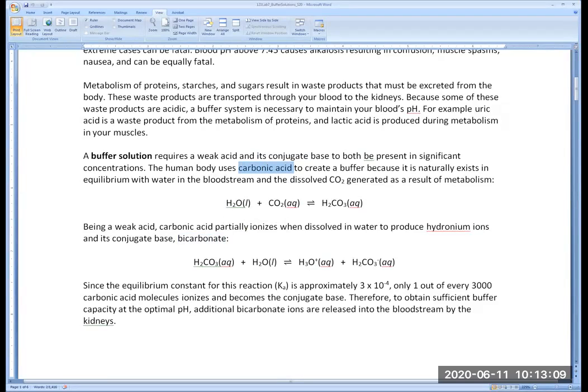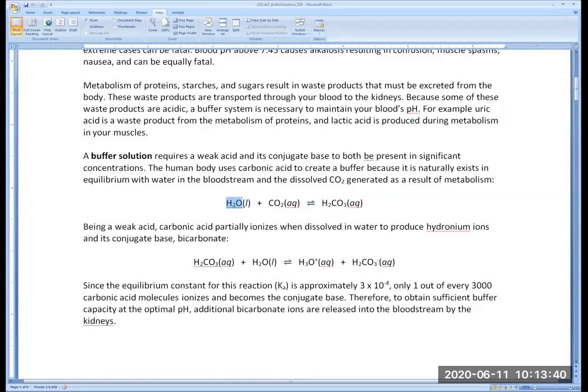And so that's carbonic acid. H2CO3 is the formula for carbonic acid. Carbonic acid is unstable when it's in water. It easily dissociates into carbon dioxide and water. So it's in equilibrium in your blood, especially because CO2 is a waste that we produce and that needs to be eliminated.